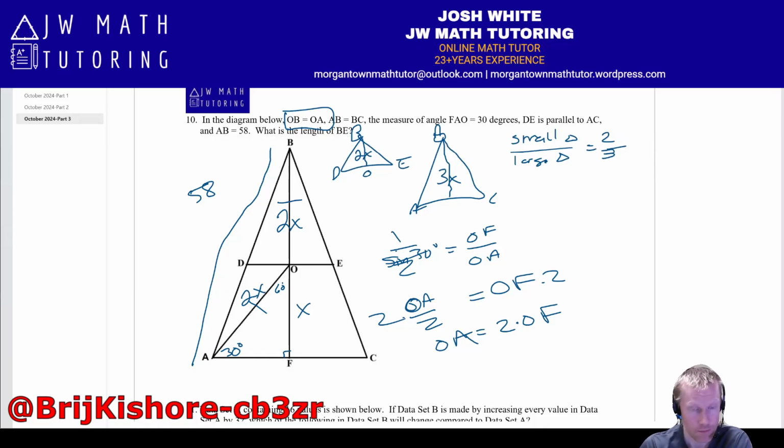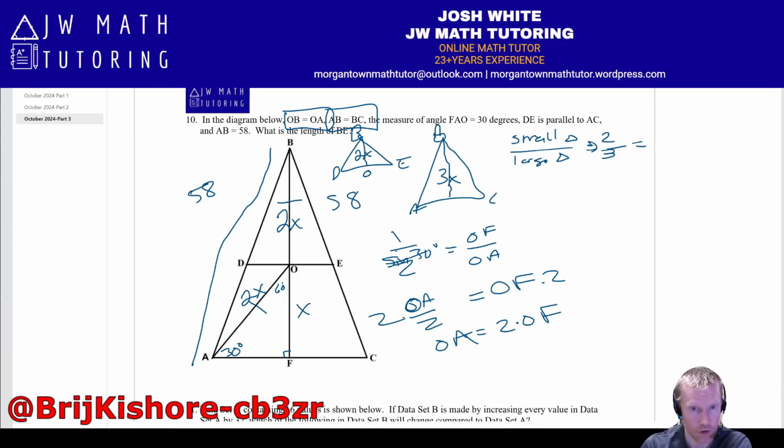So what that means is any side in the small triangle is going to have a ratio of 2 to 3 to any side in the large triangle. So AB is 58, BC is also 58, we're told AB and BC are congruent. So the small to large ratio is 2 to 3.